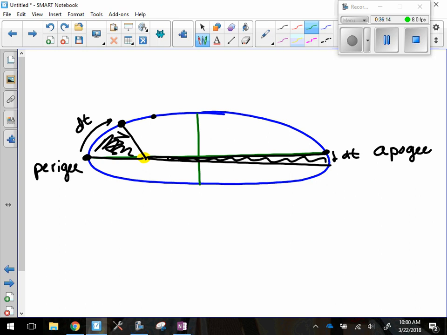And where is it going to move the slowest? Yeah, it's got to move fastest here. And it's going to move the slowest over here. Because over here, it's got to move a much larger distance in delta t than it does when it's very far away.